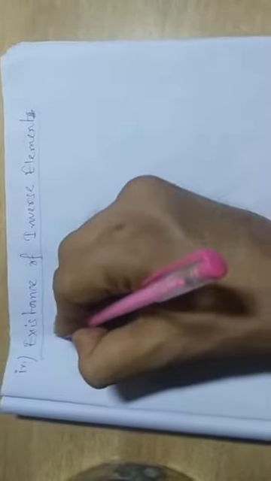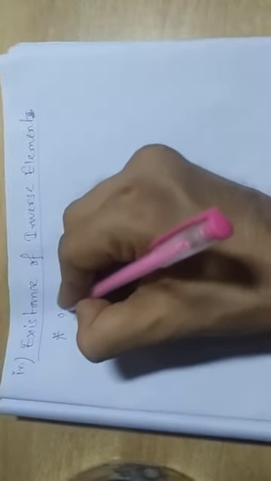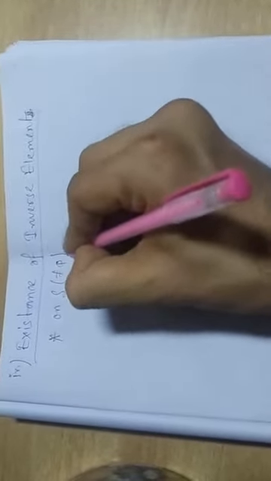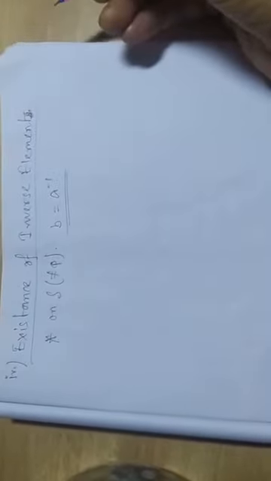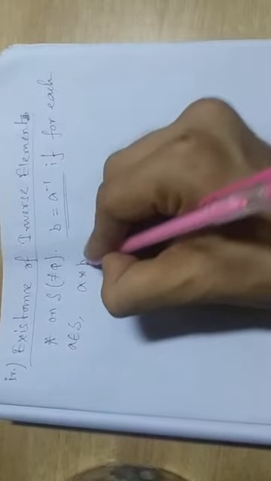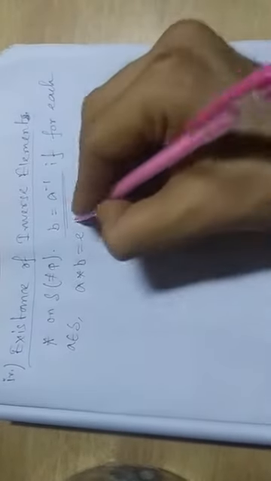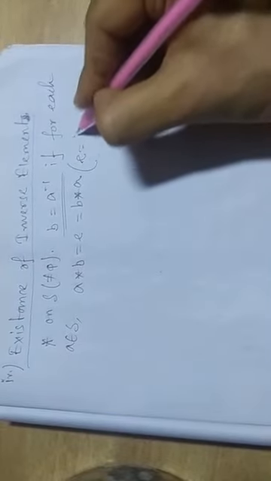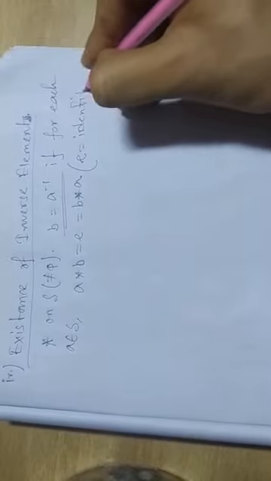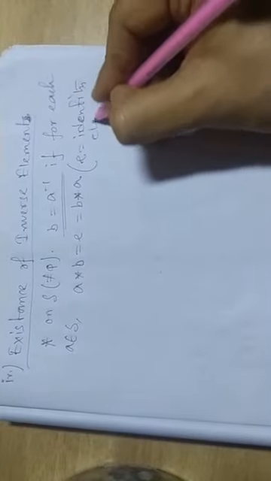We define this with the operation, say star, on some non-empty set S. We will say that B is the inverse element of A if for each A belonging to S, A star B will be the identity element, and also B star A will be the same identity element, where E is the identity element.